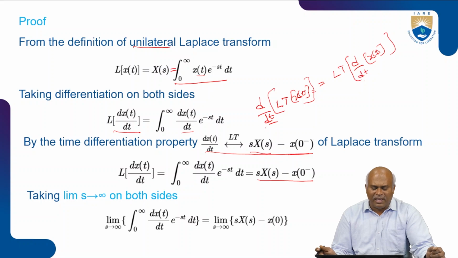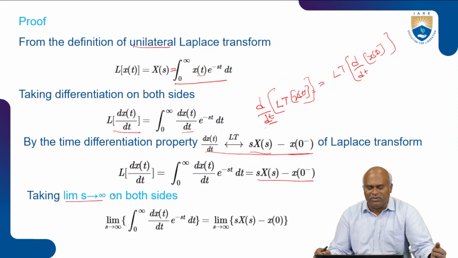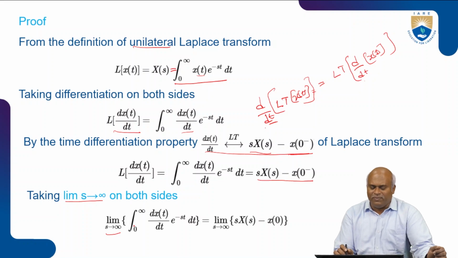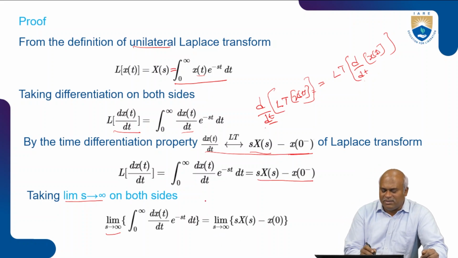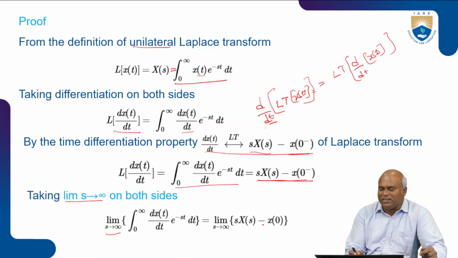Now I take s tends to infinity on both sides. I take the limit s tends to infinity on both sides, applying it to the left side as well as the right side. So what will happen? Taking the derivative of this value and the resultant Laplace transform: the limit as s tends to infinity of the integration from 0 to infinity of d by dt of x of t, e power minus st dt, is equal to the limit as s tends to infinity of s X of s minus x of 0.